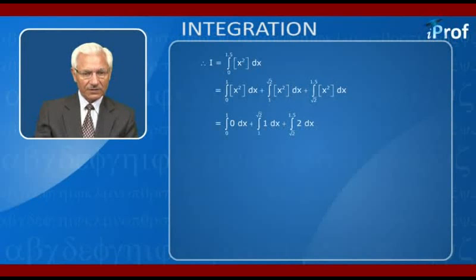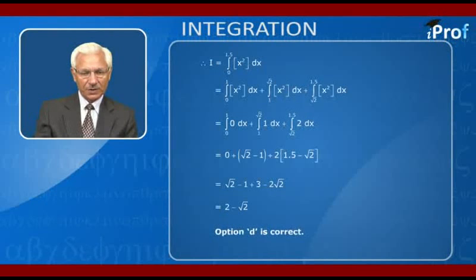The integral of 1 dx is x, the integral of 2 dx is 2x, therefore it becomes 0 in the first, root 2 minus 1 in the second, and 2 times 1.5 minus root 2 times in the third. That is root 2 minus 1 plus 3 minus 2 root 2, which is equal to 2 minus root 2. Clearly, option D is correct.